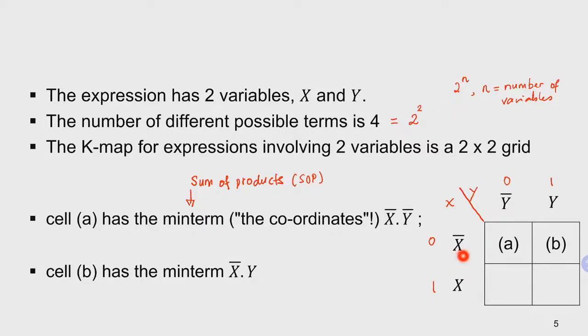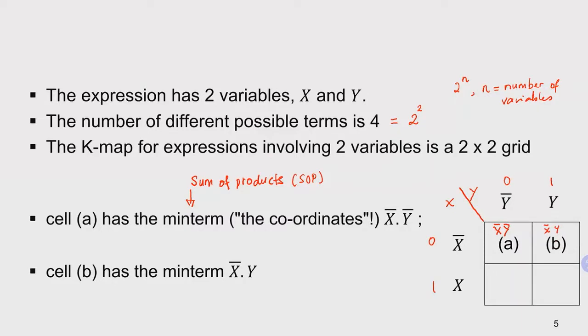Okay, so it's just like your X and Y coordinate system. So this is for X bar, Y bar. Okay, so our B cell refers to X bar, Y. So this term here is X bar, Y bar. This term here is X bar, Y.